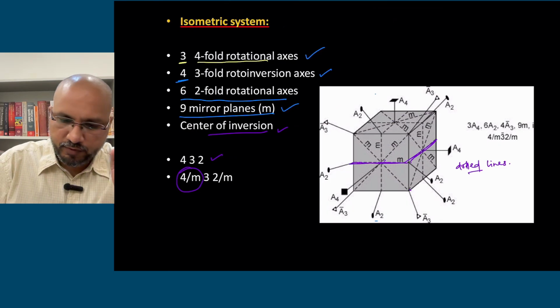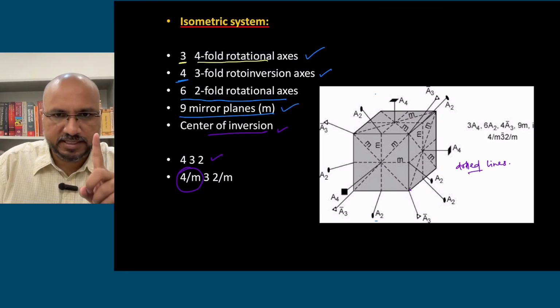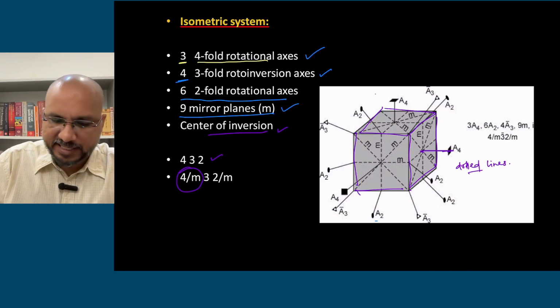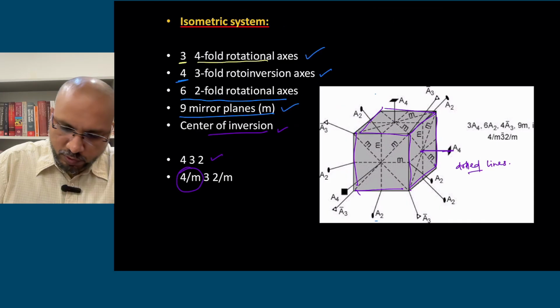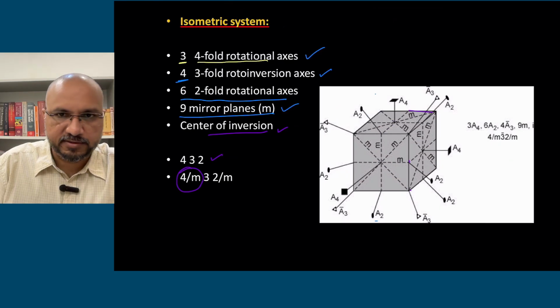Although there are 3 4-fold axes, they are equivalent, because this face and this face are all the same. In a cubic system all sides are the same. So you can count it as only one unique 4-fold rotation axis.